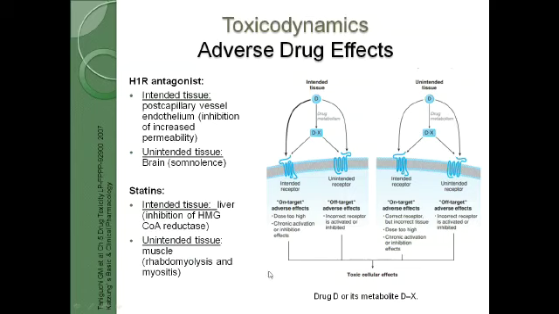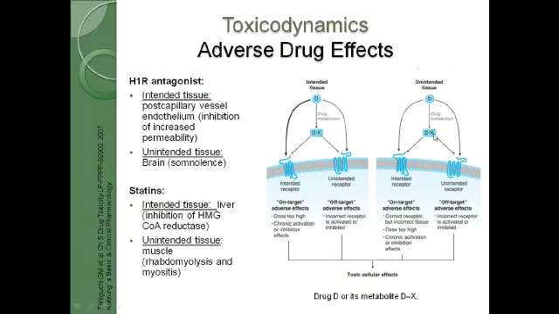So what will be the results? If the drug and its metabolites act on the intended receptor, then we will have the on-target adverse effects when the dose is too high, and chronic activation or inhibition effects. And when the drug acts on the unintended receptor in the intended tissue, then these will be called off-target adverse effects. So incorrect receptor is activated or inhibited.